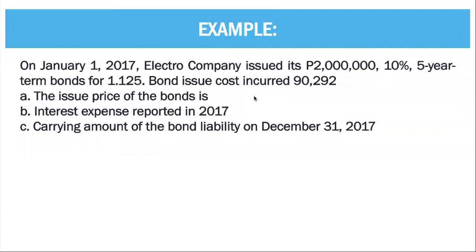So that is equal to your fair value less transaction cost. Our fair value is 2,000,000 times 1.125 less transaction cost of 90,292. So our issue price therefore is 2,159,708. So here we have a premium.